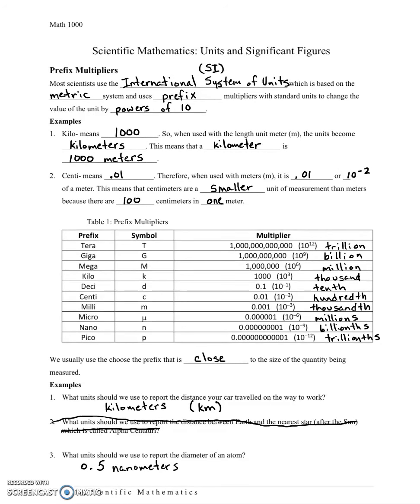So 0.5 nanometers is a very, very tiny number. You see, a nanometer is one billionth of a meter. And nanometers we would abbreviate with a lowercase n for nano and then an m for meters.